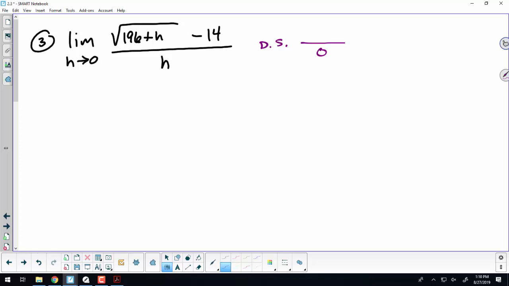So just so we're sure, what does the numerator evaluate to when we directly substitute, as h approaches 0? Zero, right? Because we have the square root of 196 minus 14, which is 14 minus 14. So again, the issue is that 0 in the denominator.